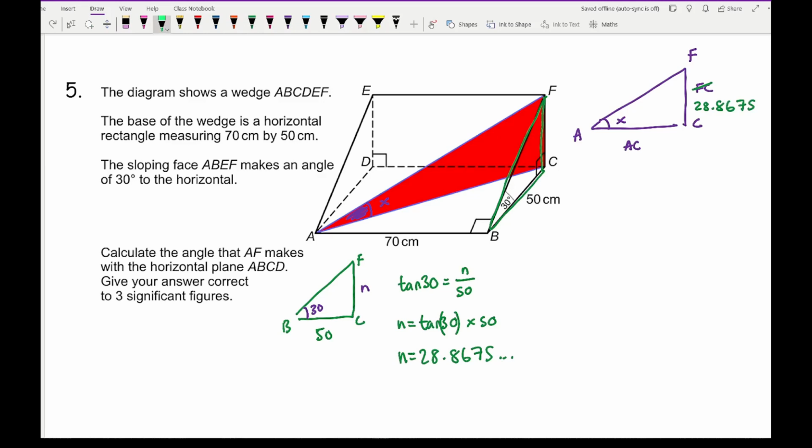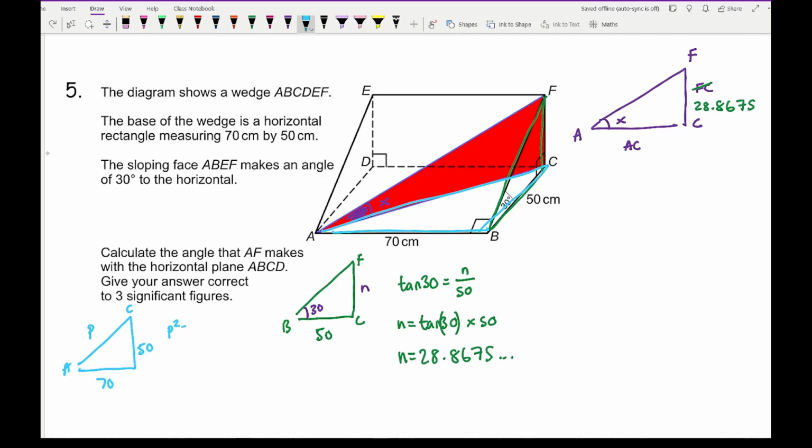The next thing for me to find is what A to C is. So let's go for this triangle here, and let's do that over here. We've got 70, we've got 50, and this length here is my A to C, which we're going to call P. I've got to use Pythagoras because I don't know any of the angles.